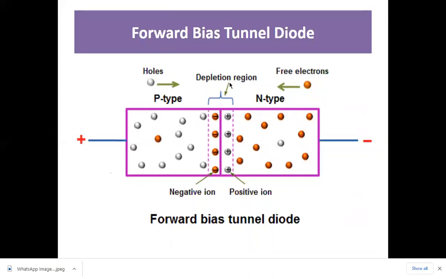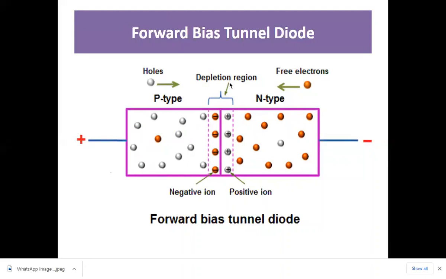This heavy doping process produces an extremely narrow depletion region. So applying a small voltage is enough to produce electric current in a tunnel diode. The difference in energy levels is very high in a tunnel diode. Because of this high difference in energy levels, the conduction band of the n-type material overlaps with the valence band of the p-type material.